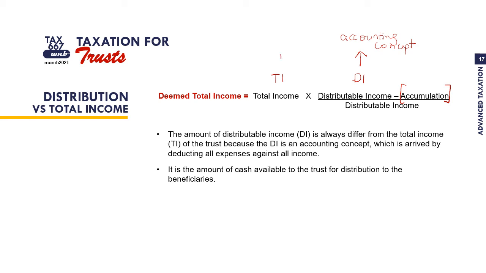However, for TI, we use the taxation concept. In tax class, we learn that not all revenue is considered income and not all expenses are allowed to be deducted. Only certain revenue is added as income and certain expenses are allowed to be deducted. Therefore, TI and DI will have different values.